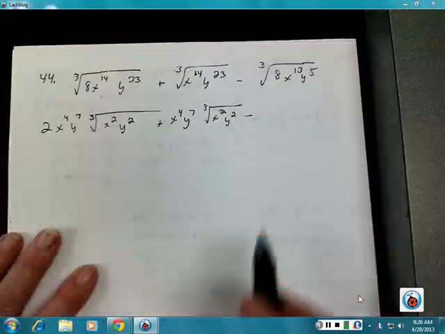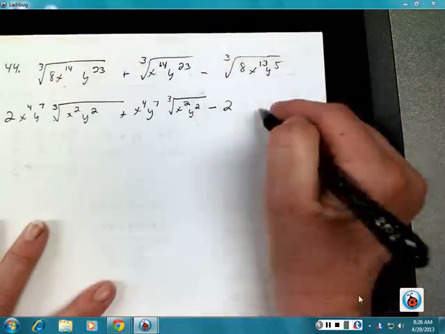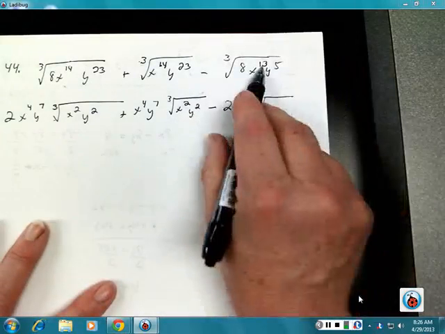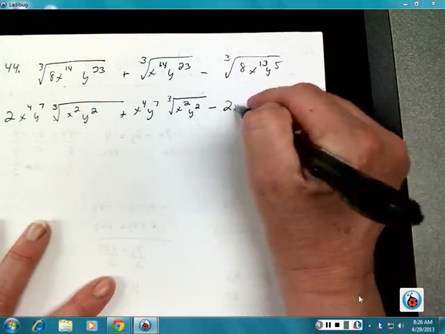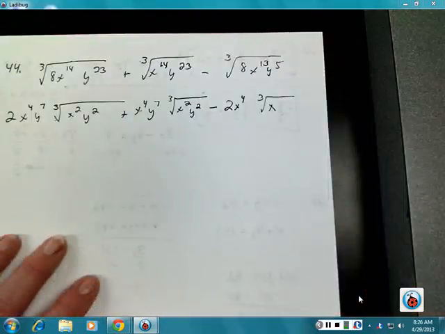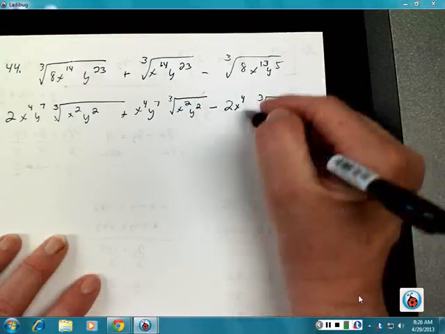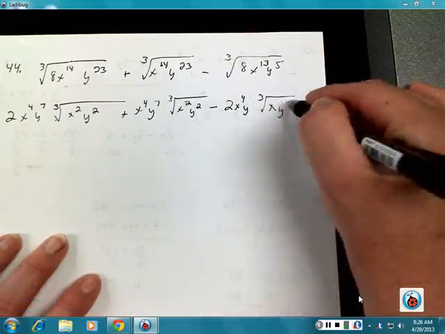And last, take out the 8, so that's a 2. 3 goes into 13 4 times, leaves me with x to the 4th, but leaves an x under my radical. 3 goes into 5 once, brings out a y, but leaves a y squared under my radical.